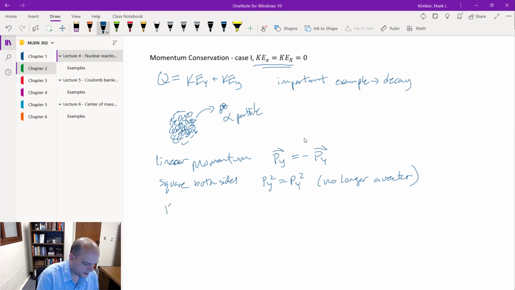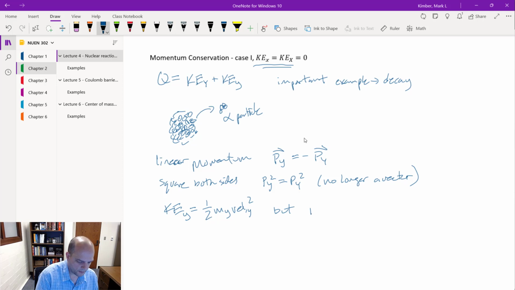And if we keep ourselves in the non-relativistic realm, which is a good assumption for the scenarios we're encountering today, then the kinetic energy of the smaller of the two particles, so in this exact example, the kinetic energy of my alpha particle, would be 1/2 mass of that lighter particle times its velocity squared.